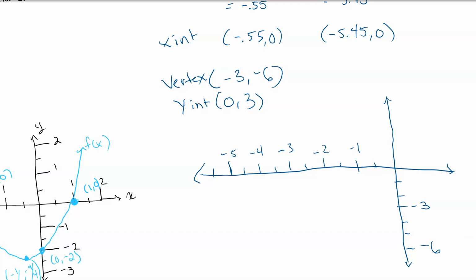So negative 0.55 would be about here. Then I've got 0, 3. So we'll just label these as we go.